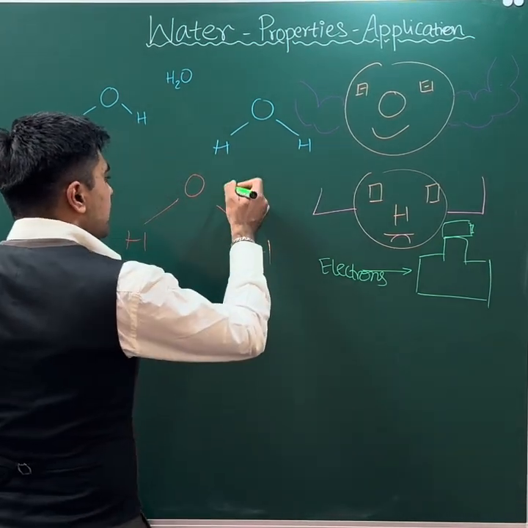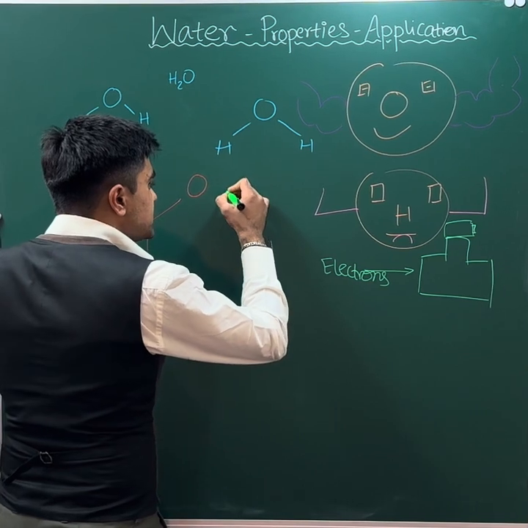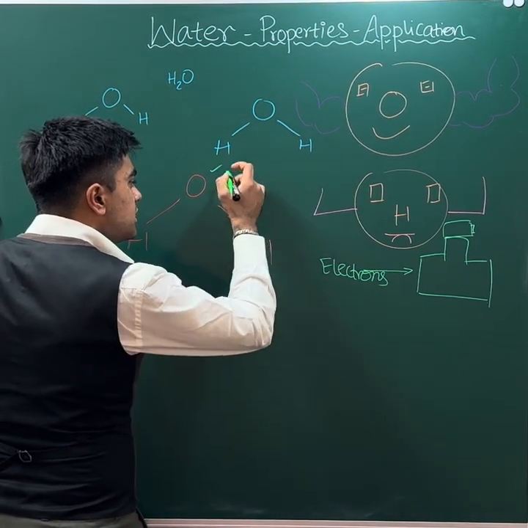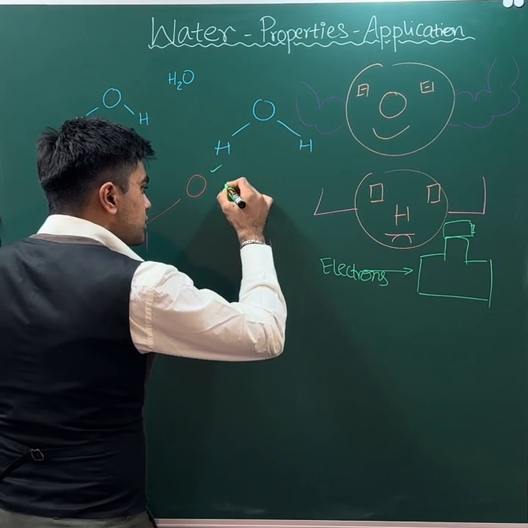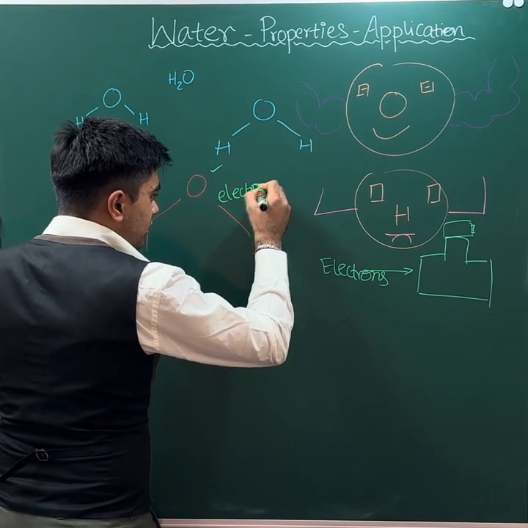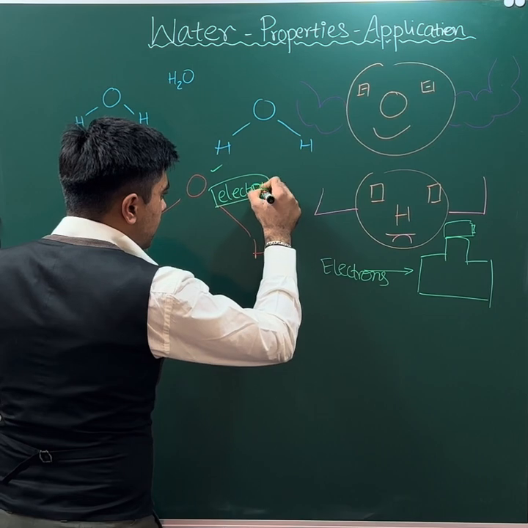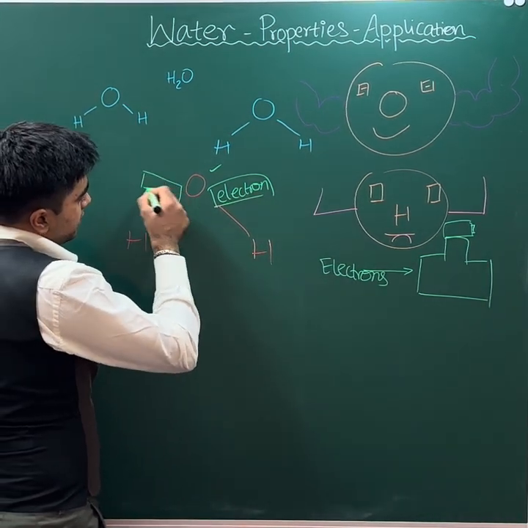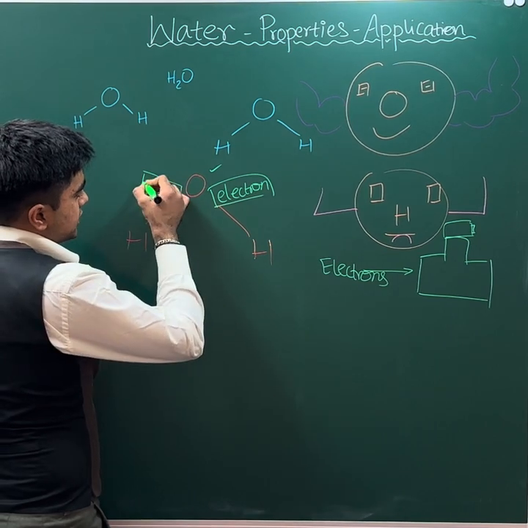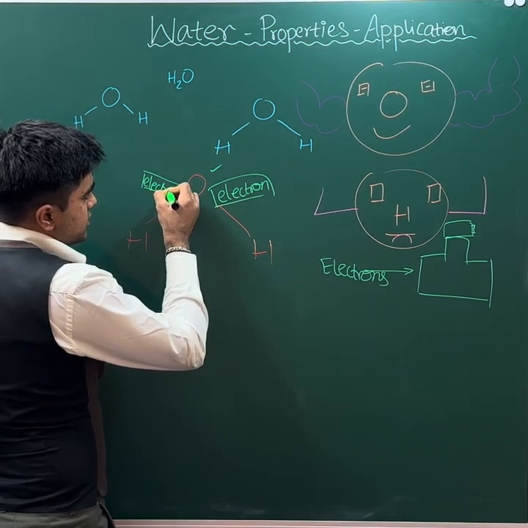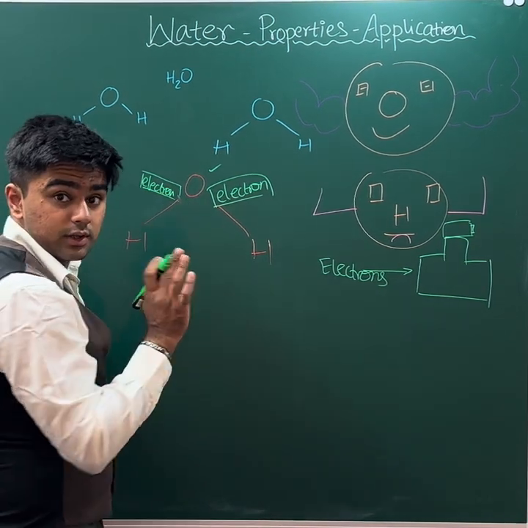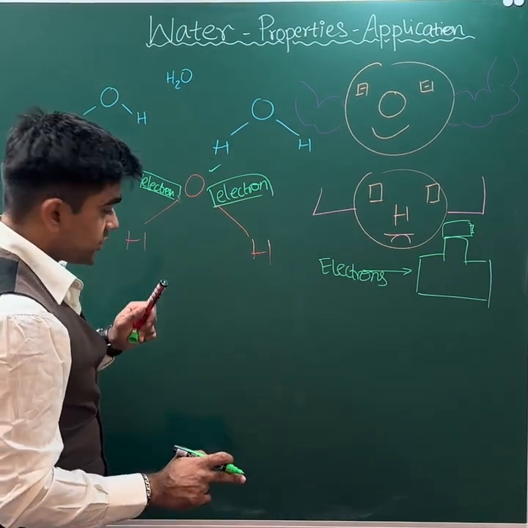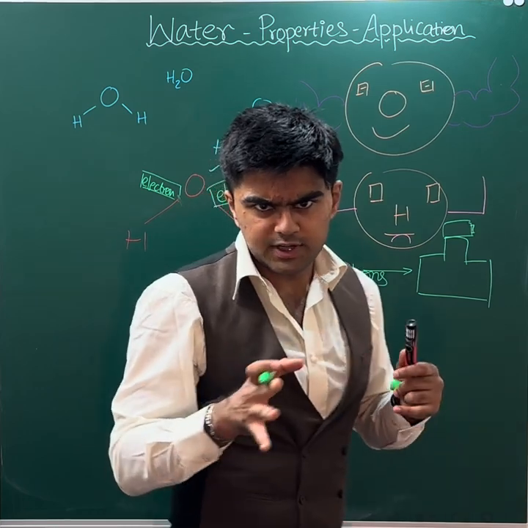Our electron perfume bottle is being pulled closer towards Mr. Oxygen, so we can say the electron is closer to the oxygen for both of these hydrogens. Agreed? Perfect. So Mr. Oxygen's got control over those electrons.